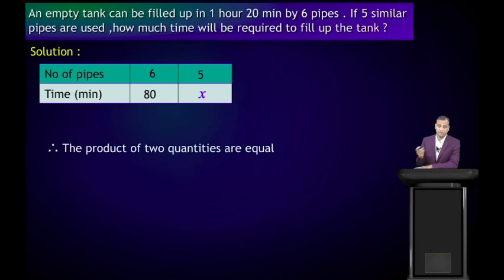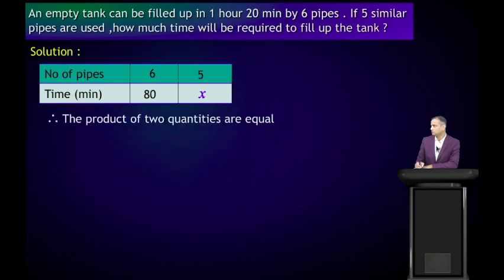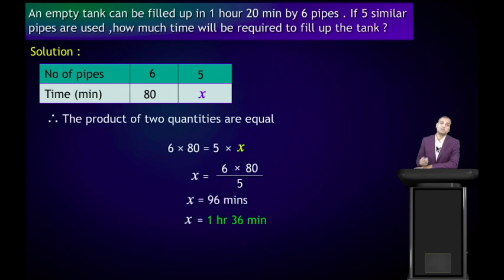So what will we do? The product of the two quantities is equal. So 6 into 80 equals 5 into x. From here we can find the value of x, and it is 96 minutes.